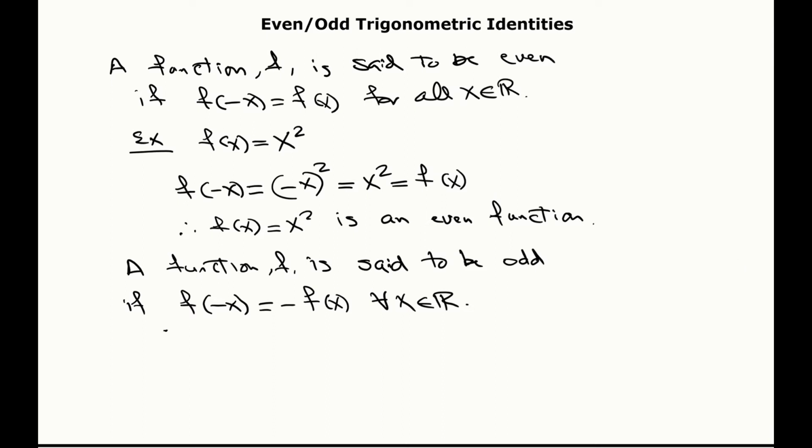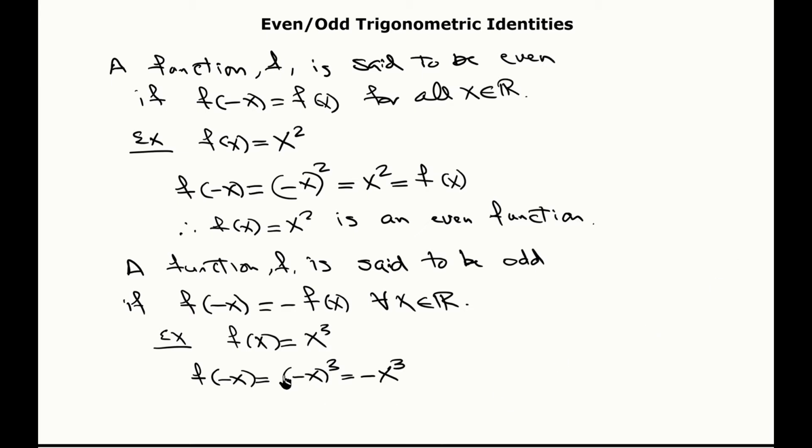So here's an example of a very familiar odd function. Consider f of x equals x cubed this time. Notice that if we consider f of negative x, we replace x with negative x in the original function, we get quantity negative x, cubed. This time negative 1 to the power of 3 is going to remain negative, so we get negative x cubed.